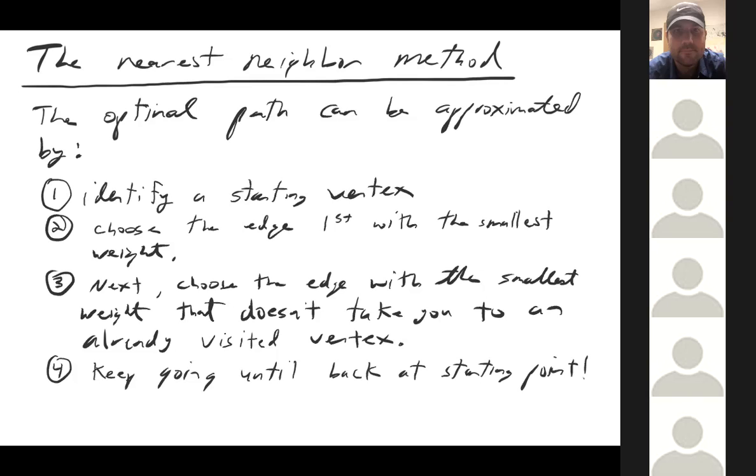Start somewhere, choose the edge with the smallest weight, then choose the edge with the smallest weight as long as it doesn't go back to a vertex you've already gone to, and just keep going until you've hit every city and you've ended up where you started. And this is only going to work for complete graphs. That's really important. None of these ideas work if it's not a complete graph.